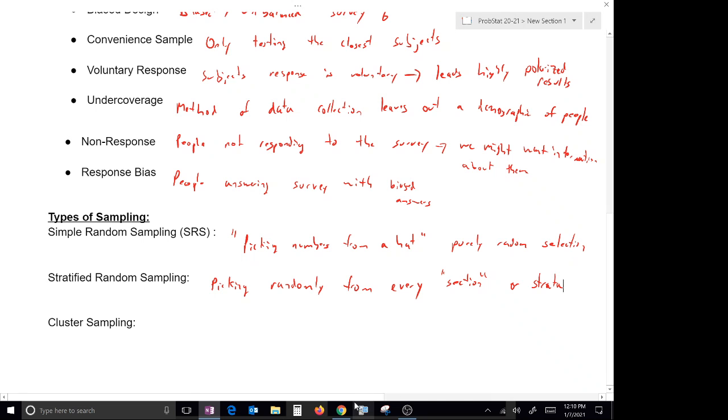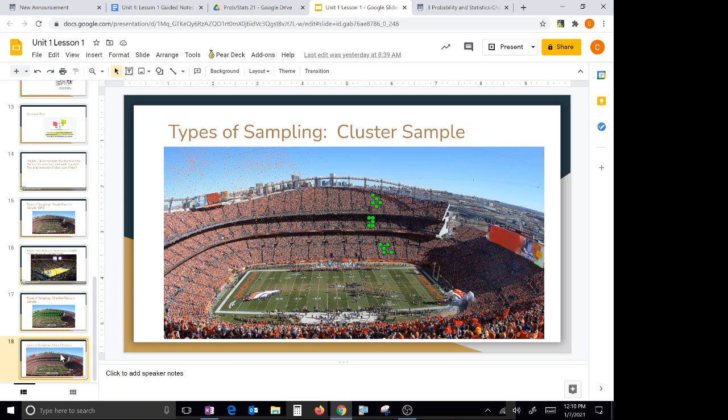And the last one, cluster sampling. Let's say I don't want to go all the way everywhere in the stadium. I just want to make sure I get people from the top, people from the middle, and people from the bottom. What I do is I take a cluster here, I take a cluster in the middle, and I take a cluster from the top. These are still randomly selected from the sections, but we don't need to go all the way around if we figure that this lower section is going to be the same as all this other lower section, and this medium section is going to be the same all the way around.